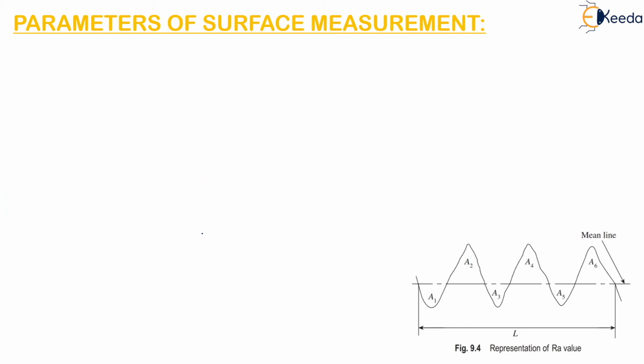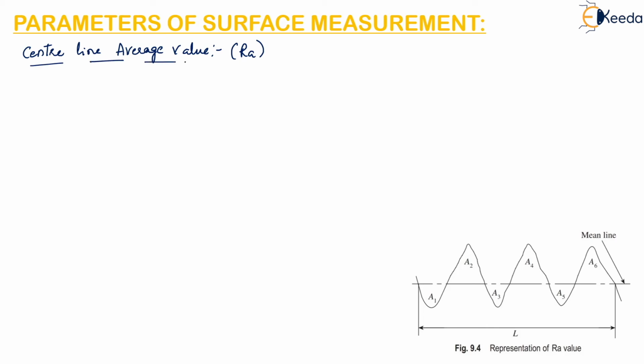The next parameter is the center line average value, also called RA. This value is a prevalent standard for measuring surface roughness, mostly used.